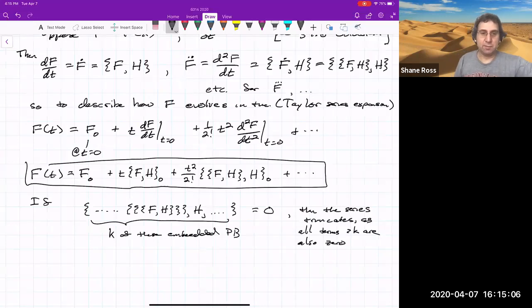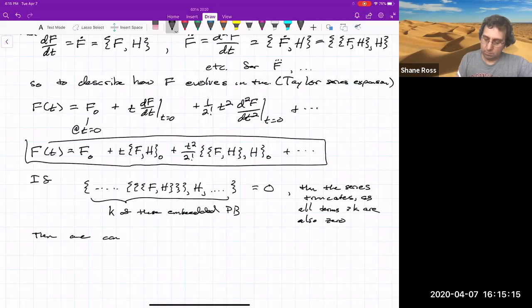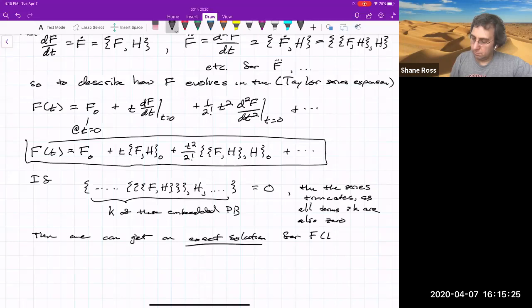So then you would have not just a series expansion, but an exact solution. I mean, it means that f is just a polynomial of order, what, k minus 1 in time.